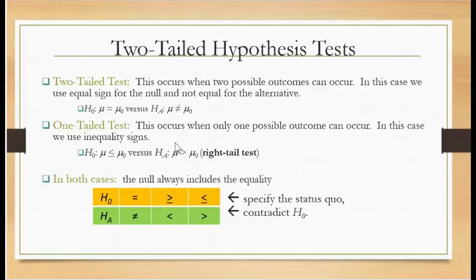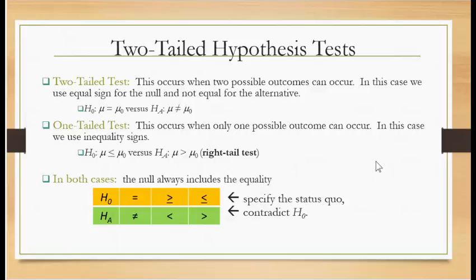Then the other option is a one-tailed test, where we're saying that our outcome is going to be less than what we expected, or it's going to be greater than what we expected. But again, the null will retain the equality, so whatever the null is, you'll notice it's always going to have the line at the bottom or the equal sign.